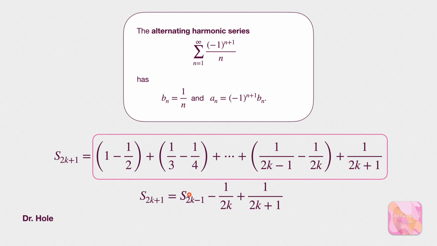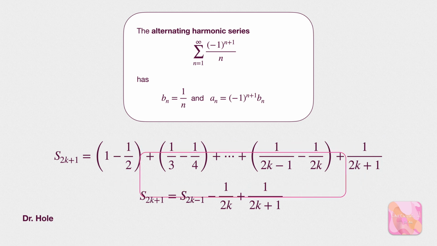Now, as we noted earlier, each pairing is a positive quantity, yet the quantity that we add to the previous odd indexed partial sum is now a large quantity with a minus on it, plus a small quantity as a positive term.